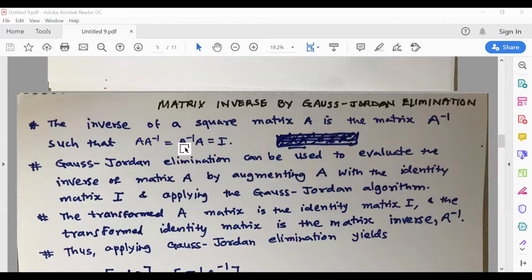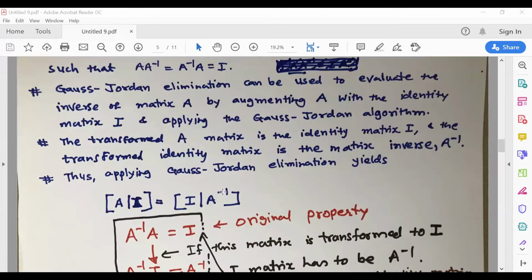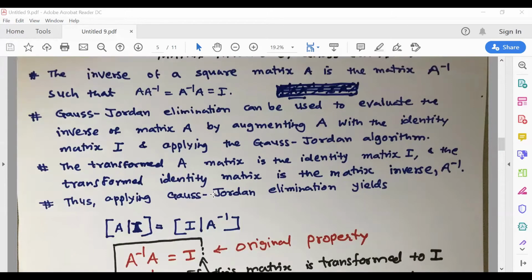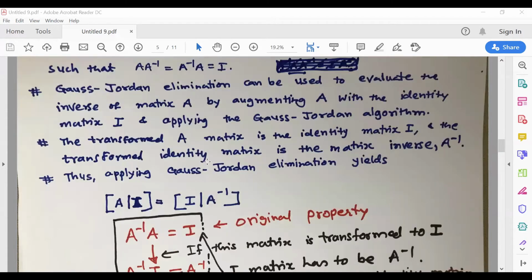That is what they say. You can check here, we are augmenting the A matrix with the identity matrix. A is our original unsolved matrix where we want to find a solution. Okay, here nothing to do with solution.